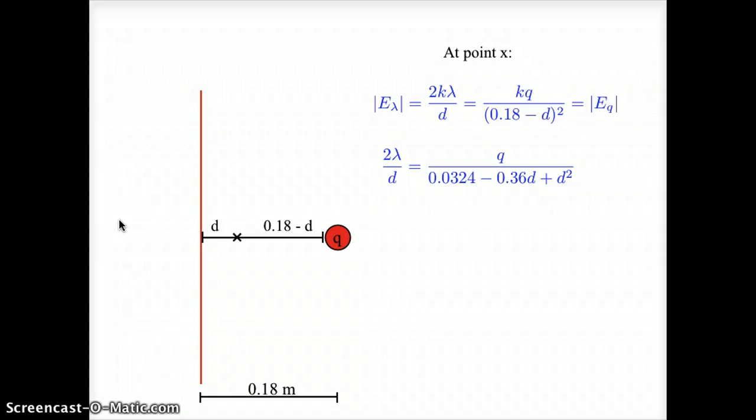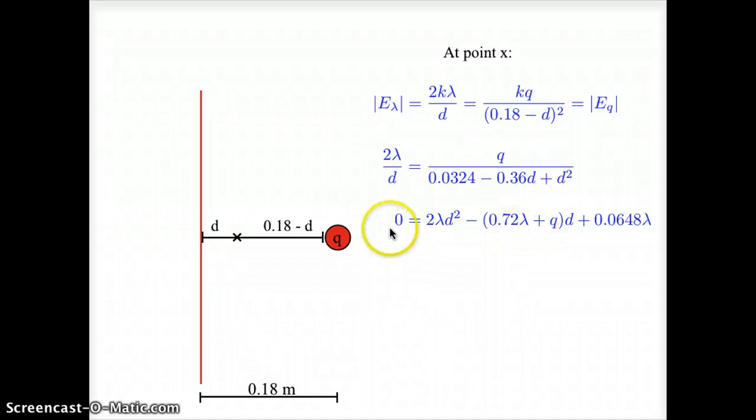Let me rearrange this so that I get something that looks like a quadratic equation. So 0 equals 2 lambda d squared minus this whole thing is our b term in front of d. If we think of the quadratic equation as a times d squared plus b times d plus c, we have our equation in that form now, so we can use the quadratic formula.